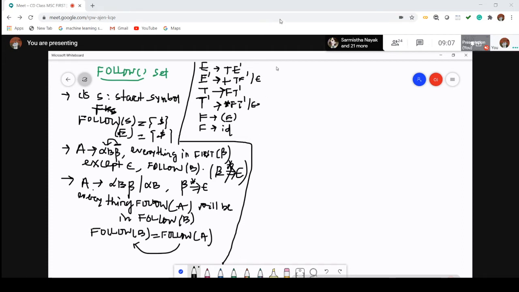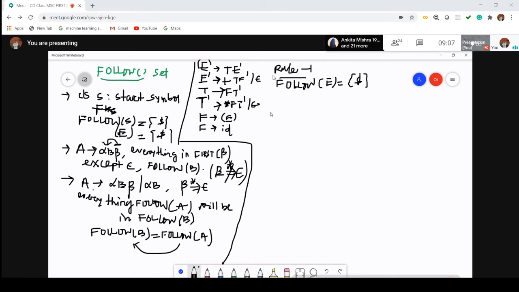Rule number 1: the follow of the start symbol is equal to $. Here E is the start symbol, hence the follow of E equal to $. Whichever symbol is the start symbol, follow of that symbol equal to $. Simple thing is that. So the first rule is completed.